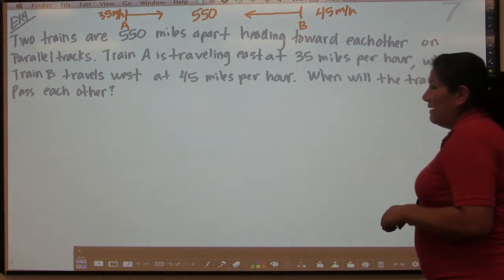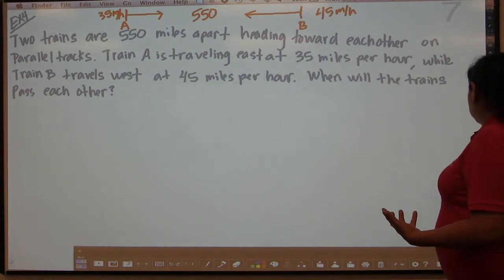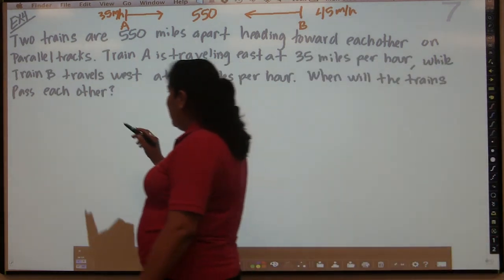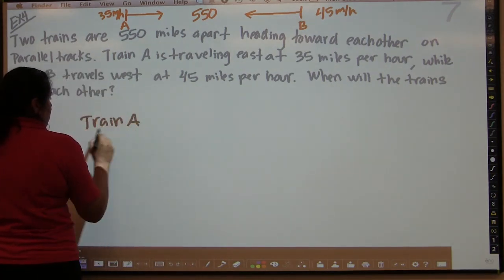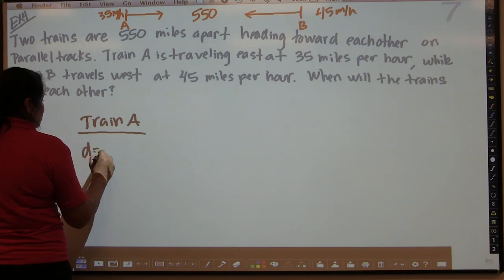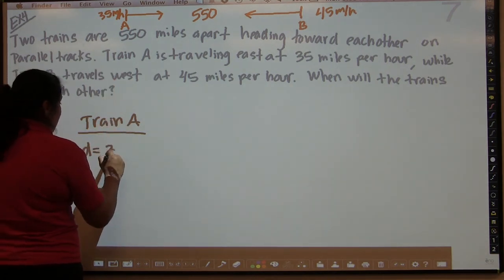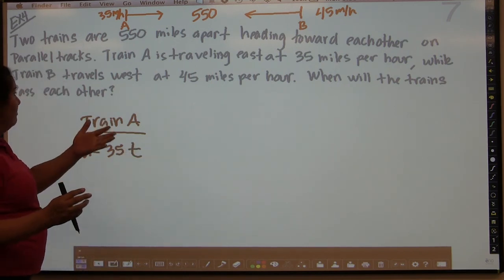When will the trains pass each other? Basically, again, this is a distance equals rate times time problem. So we know that for train A, the distance that train A travels is the rate, which is 35, times t, the time. We don't know the time. That's why it says when will the trains pass.